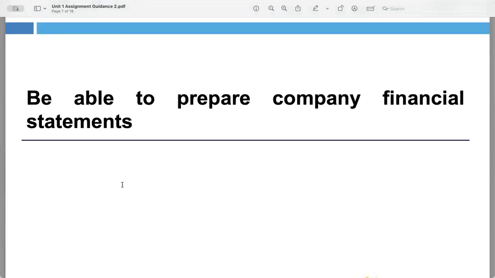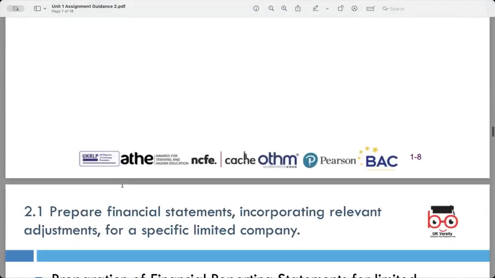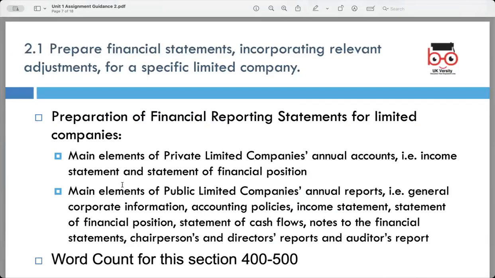Okay, so next is being able to prepare company financial statements, incorporating relevant adjustments for specific limited companies. For this task, you need to prepare financial statements for a limited company, incorporating necessary adjustments.